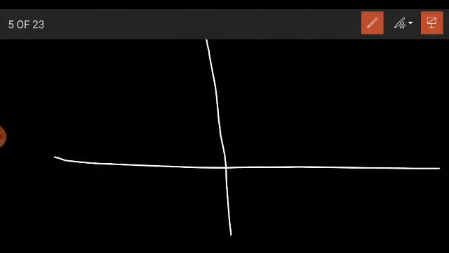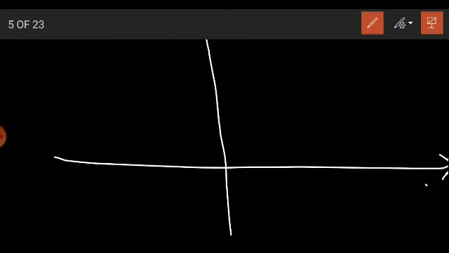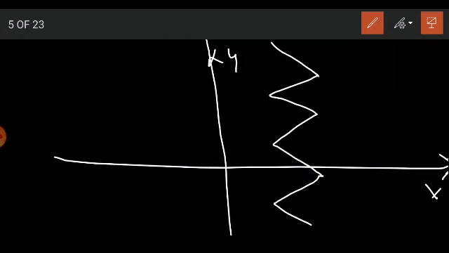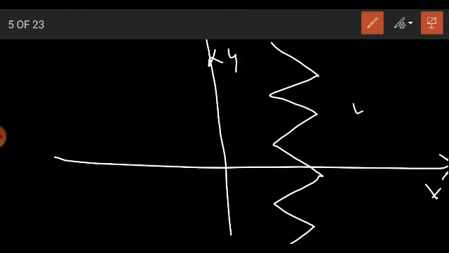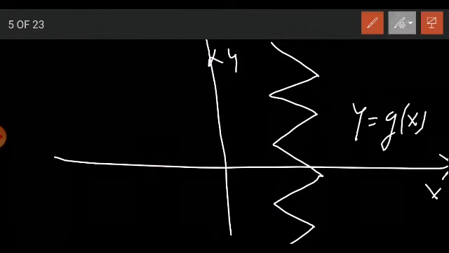Here the function is like this way, suppose y equal to g of x, be any function.